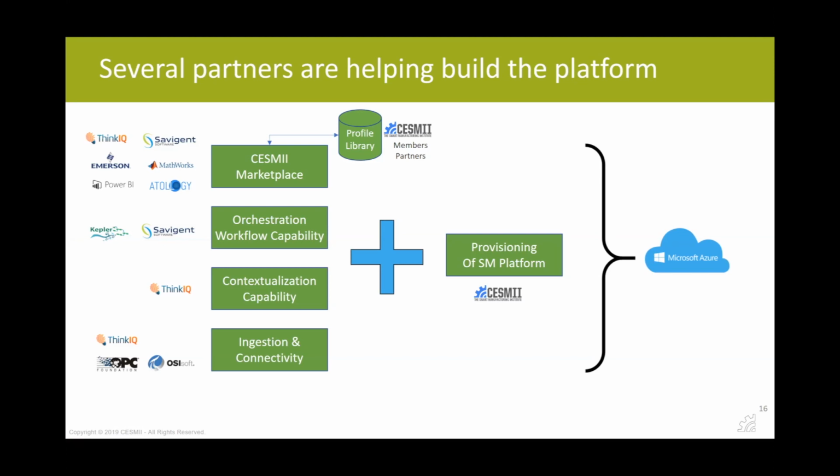We are all working together with the CESMII teams and the membership to make this happen. So this is the overall functional picture of the platform as we are making that available for our members.